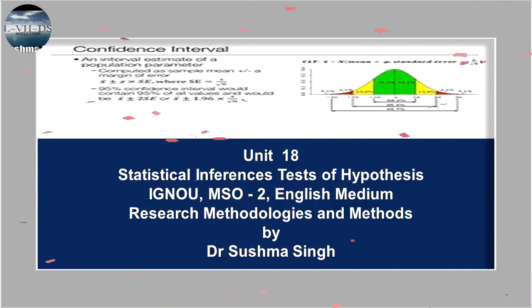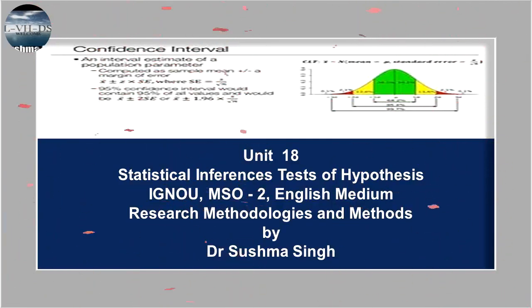Let us discuss each of the above conditions one by one. The first is to test the significance of the mean of a random sample. This test is used when the researcher is interested in examining whether the mean of a sample from the normal population deviates significantly from the hypothetical population mean.